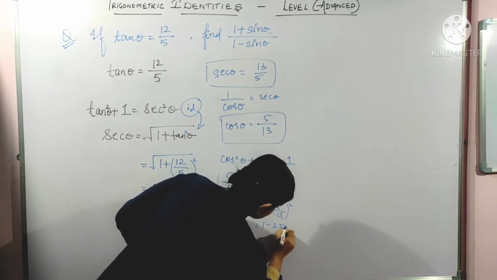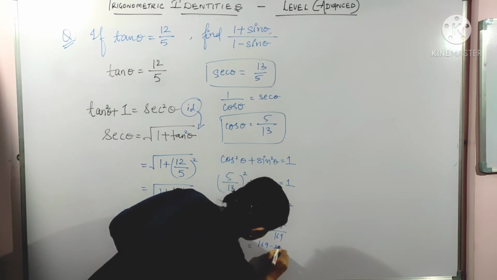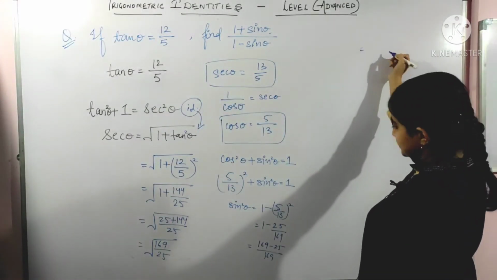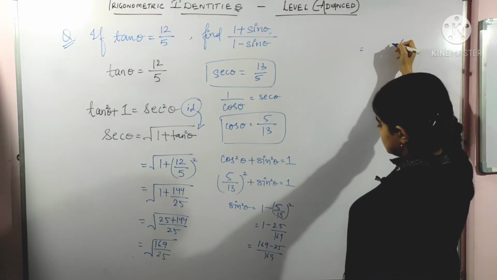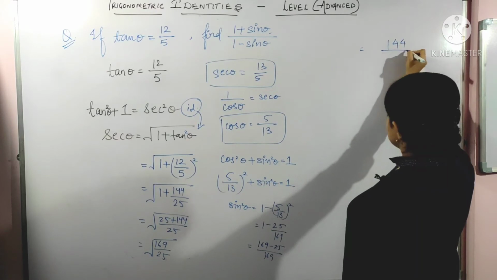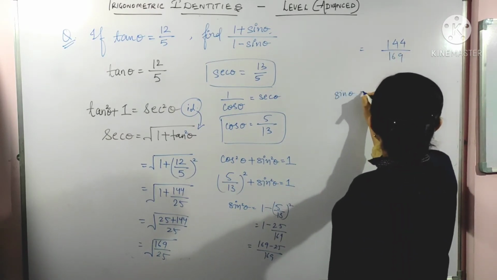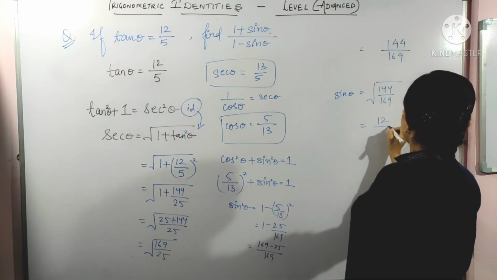That means 1 minus 25 upon 169, 169 minus 25 upon 169, and we will get 144 upon 169, and sin theta will be root 144 upon 169, that is 12 upon 13.